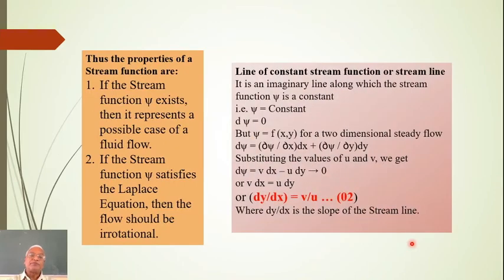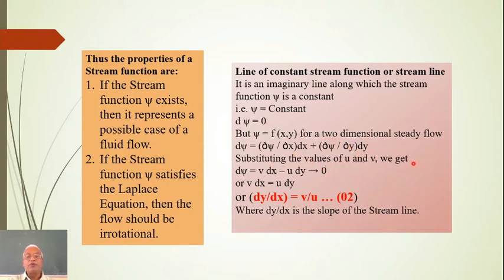Further, a line of constant stream function is called a streamline, meaning psi is equal to constant. It is an imaginary line along which the stream function psi is constant. So d psi will be equal to 0, but psi is a function of x and y for two-dimensional conditions. So d psi equals dou psi by dou x into dx plus dou psi by dou y into dy.